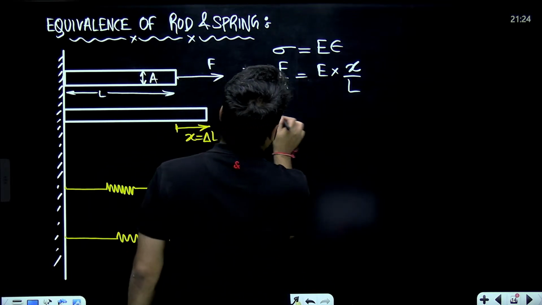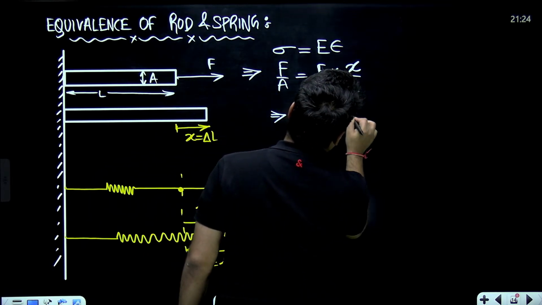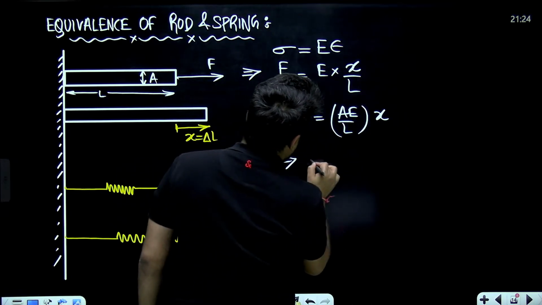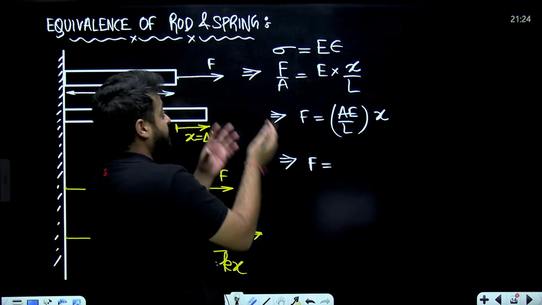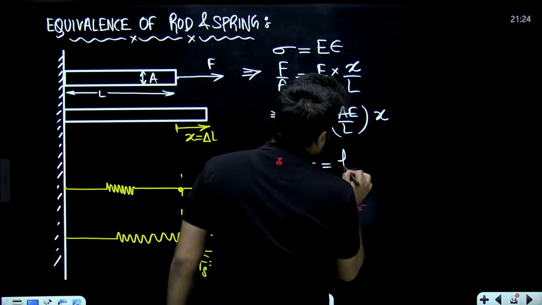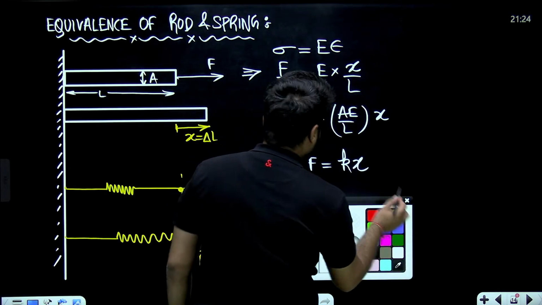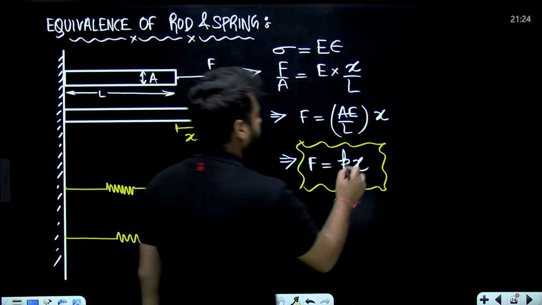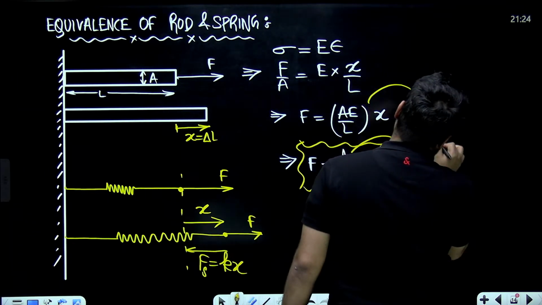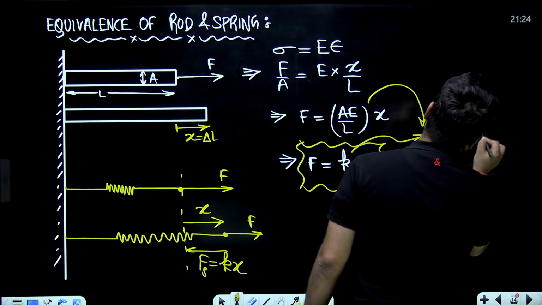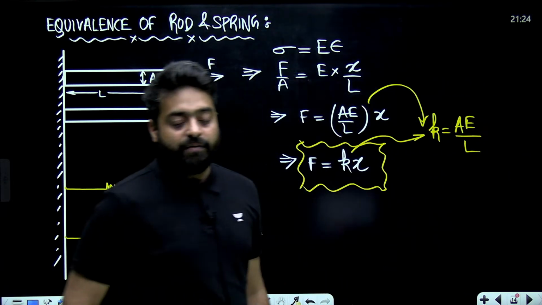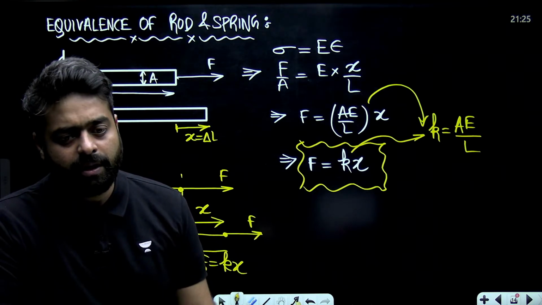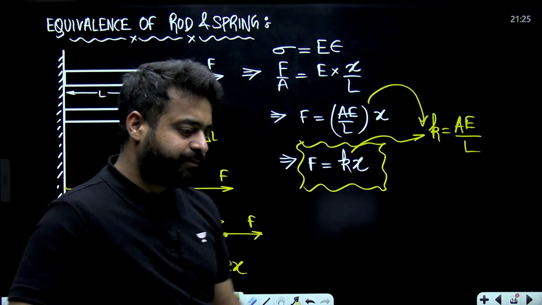So if I say this is AE by L, and remove with respect to stress, I can relate it with F equal to Kx, and I can say the force applied on the rod is basically Kx, and K is nothing but the spring equivalency of the rod, which is equal to area of cross section times Young modulus over the original length, which are three constant properties that you know. Very simple.